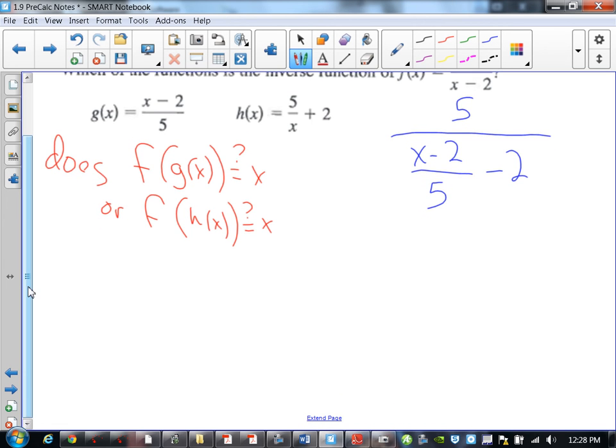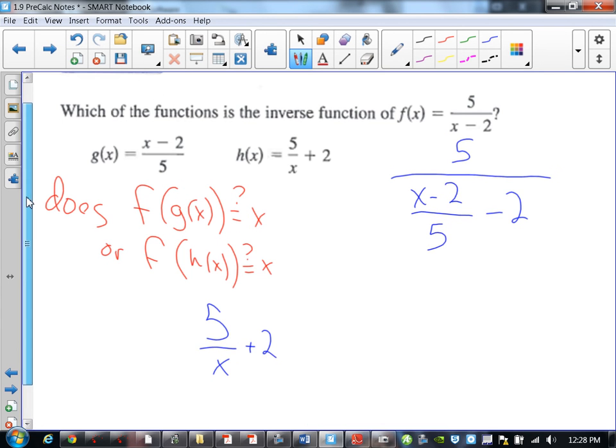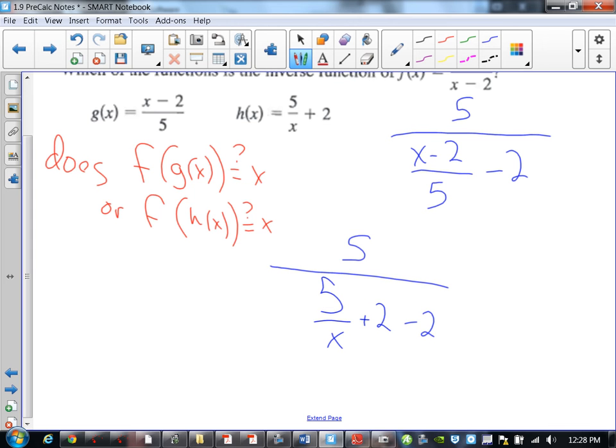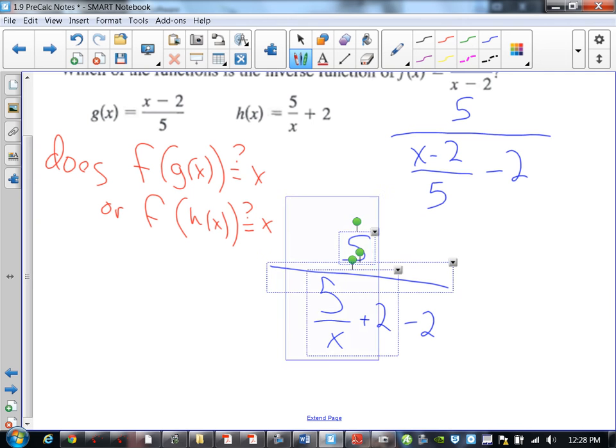Start with the h of x, and then surround it. Oops. Minus 2 over, what was it? Over 5? Okay. So when I simplify that one out, I'll put that on another sheet.